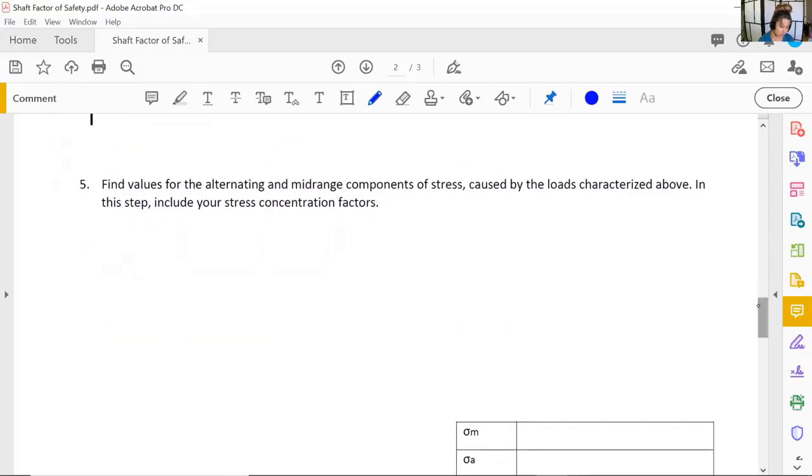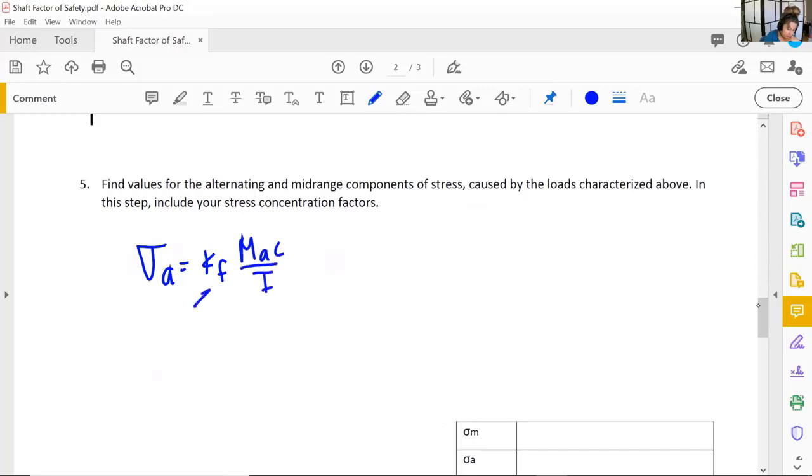So what we do with this step is remember that we have to include our stress concentration factors, and we're also going to be able to use a more simple expression. We don't have to find the moment of inertia because we have a solid round shaft. So I'll show you what this looks like.